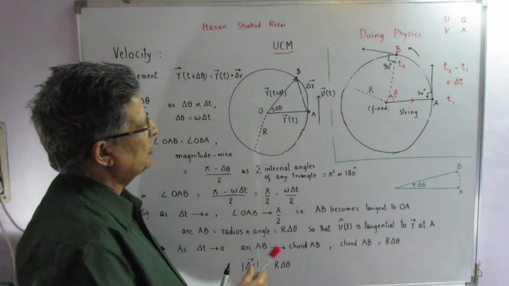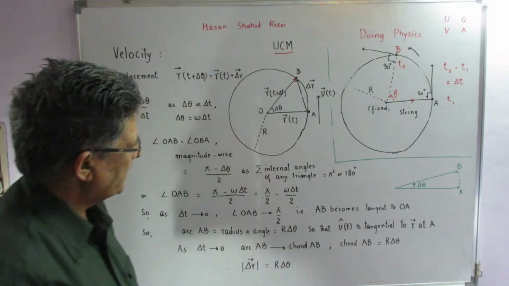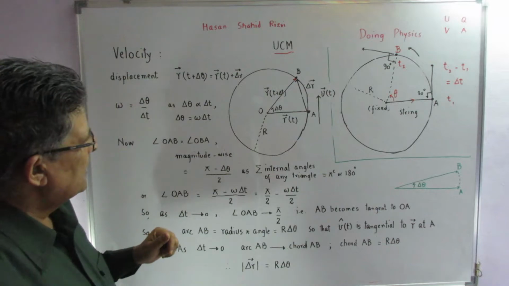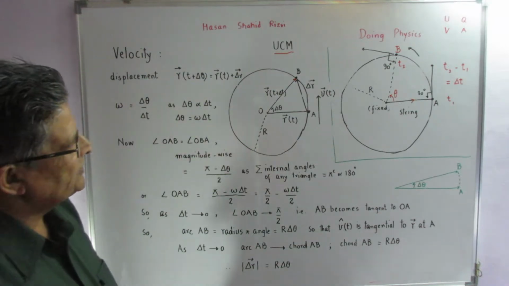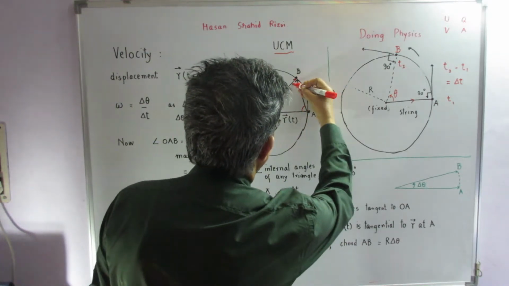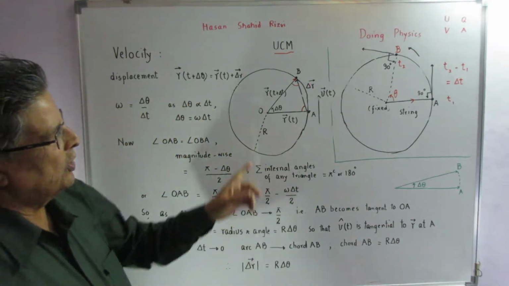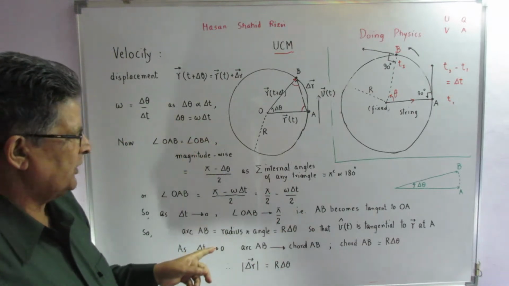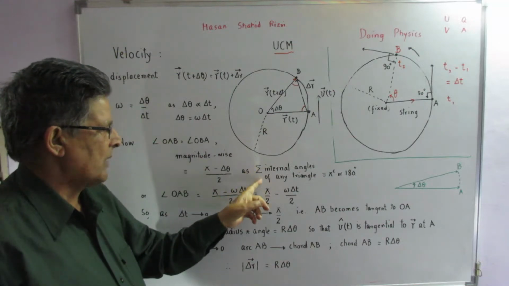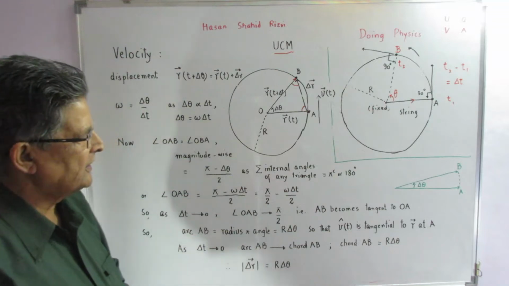Now look here, I have a triangle OAB. Often we call it OAB. So there are two angles. One is this angle here, and there is another internal angle over here. In any triangle, we know that the sum of internal angles of any triangle is equal to pi radians or 180 degrees.